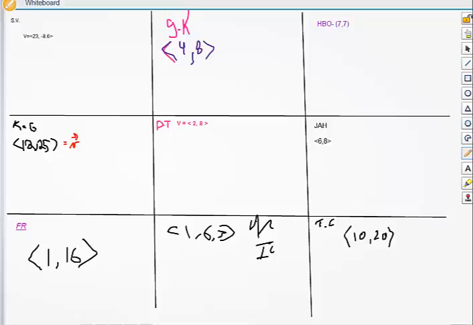And now I want you guys to give me a vector. I'm going to type this here. I'm going to call it vector u that is orthogonal to the one you just did, v. Any vector u that is orthogonal to v.